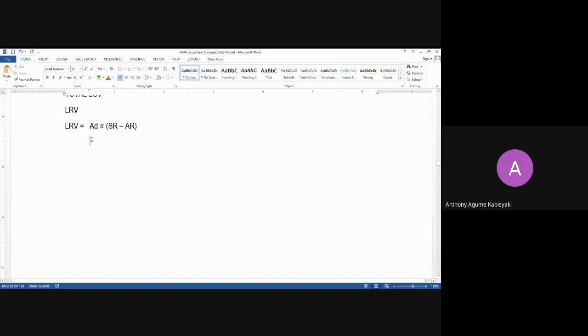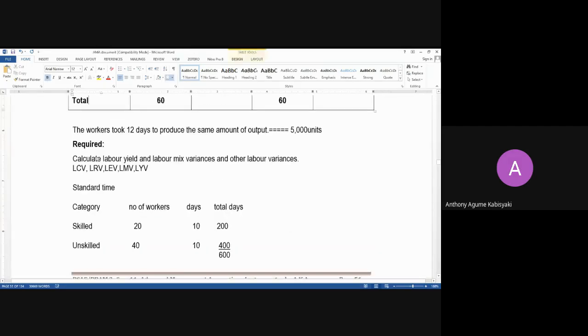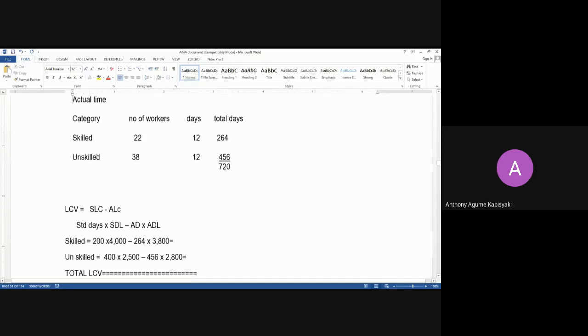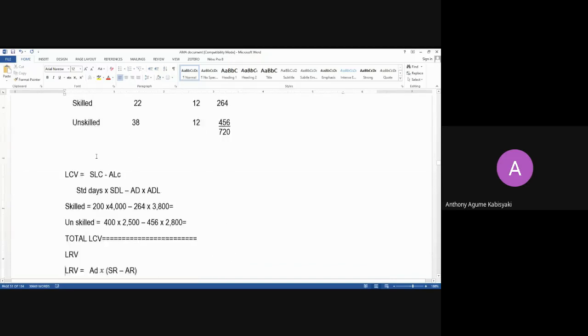So for actual days, we'll have two categories, skilled and unskilled. I know that my actual days, I go back to my other working.